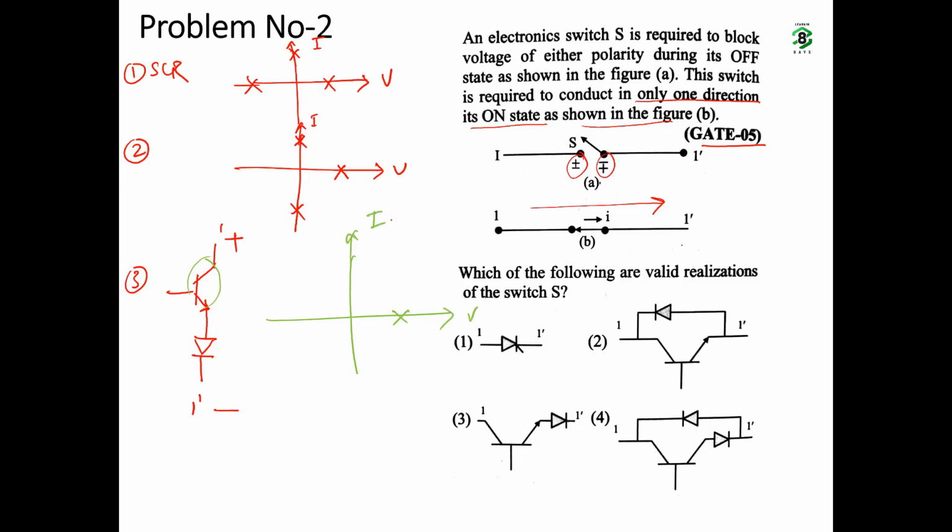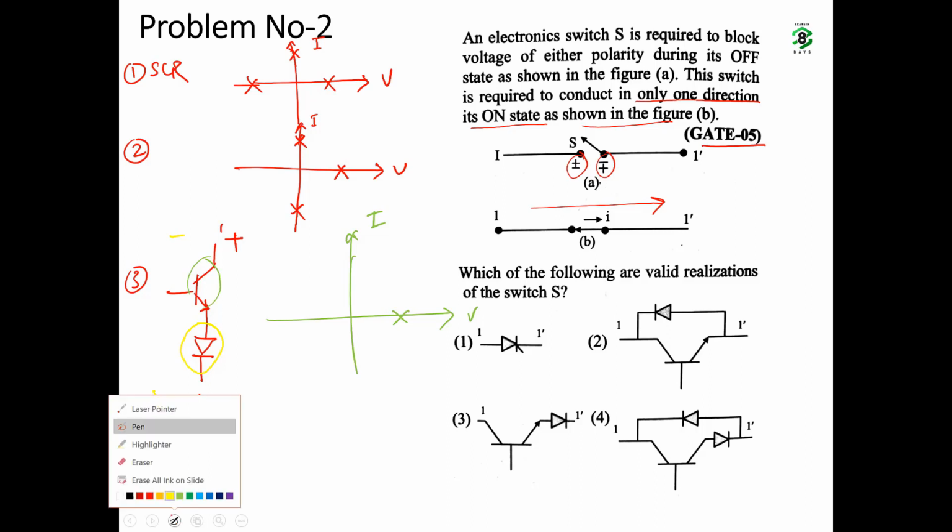Next, if we apply negative polarity of voltage, this negative polarity of voltage will be blocked by the diode, but this BJT will not block. So overall as a switch, negative polarity of voltage will also be blocked because these two are in series. If any one of these switches is blocking the voltage, then overall the switch will block that voltage.